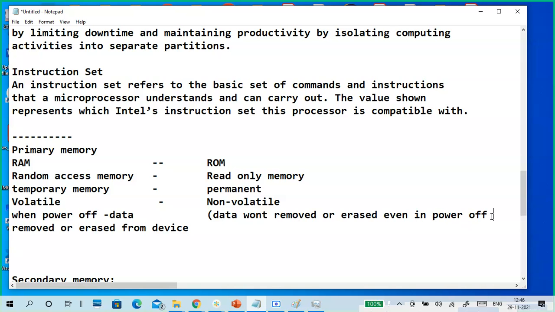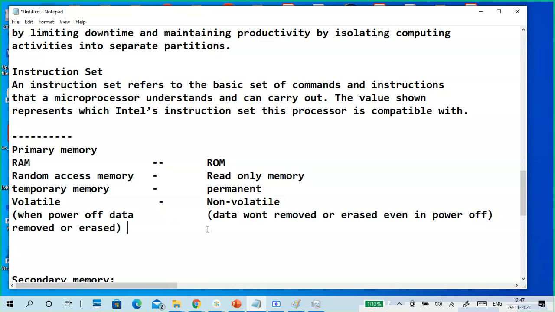Any sentence you can use. So this is about volatile and non-volatile. Volatile memory is temporary memory. When the PC is off, data is removed or erased from the device, meaning RAM.